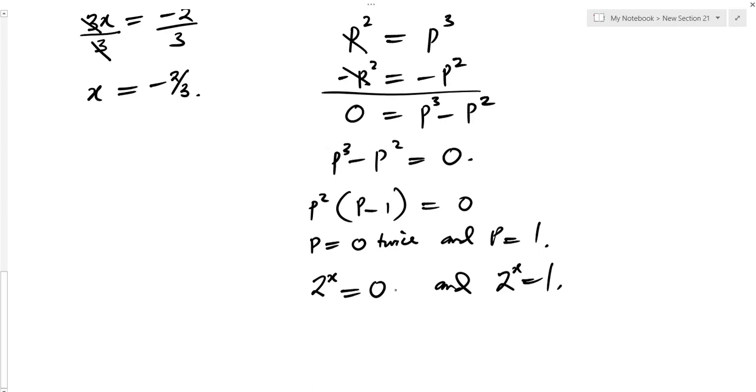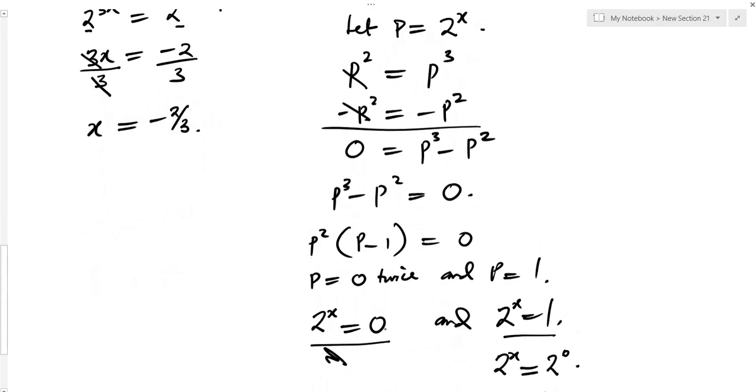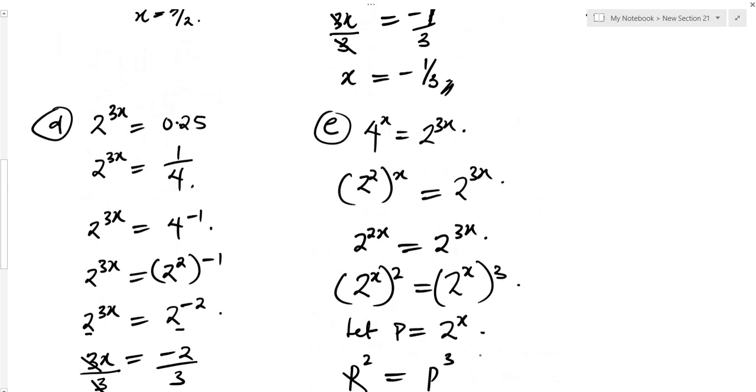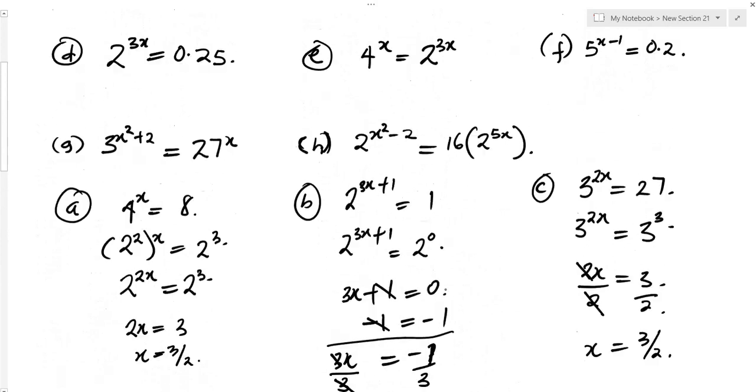So 2 to the power of x is equal to 2 to the power of 0, so x is equal to 0 in this case. While in the other case, x is undeterminate, so x is equal to 0 for this problem.